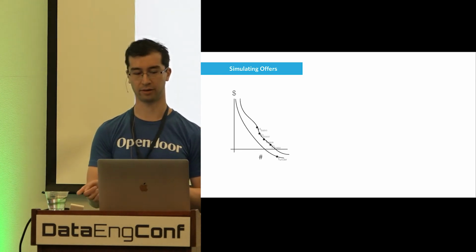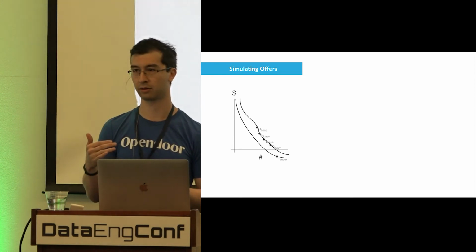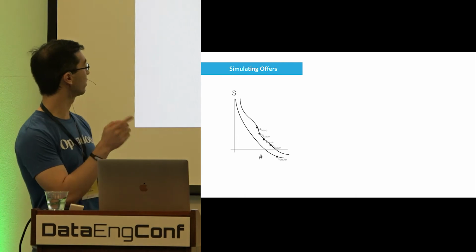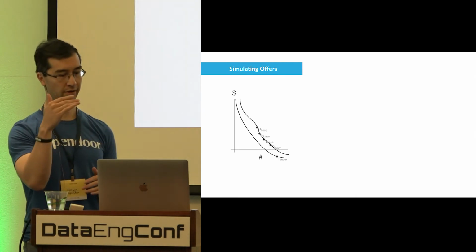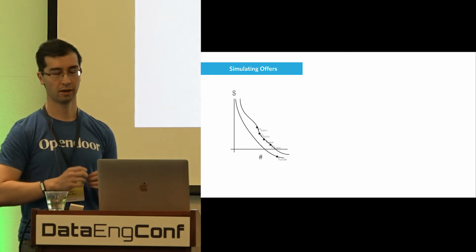And you repeat the same process with the pricing model that was consistently underestimating the resale costs. So we note that one model dominates the other. That is, for a given quantity, you can make more money.